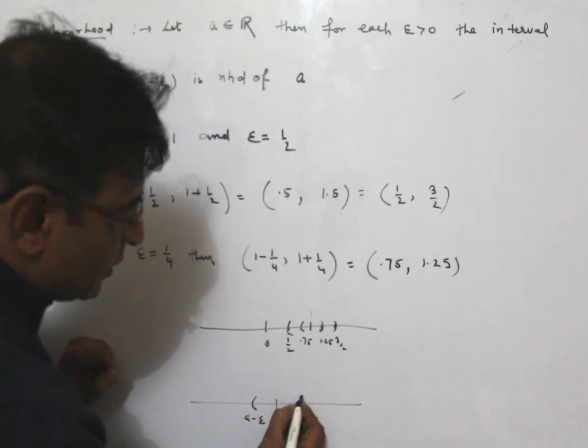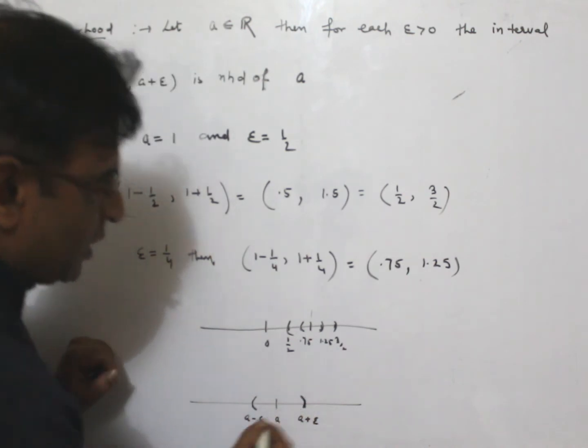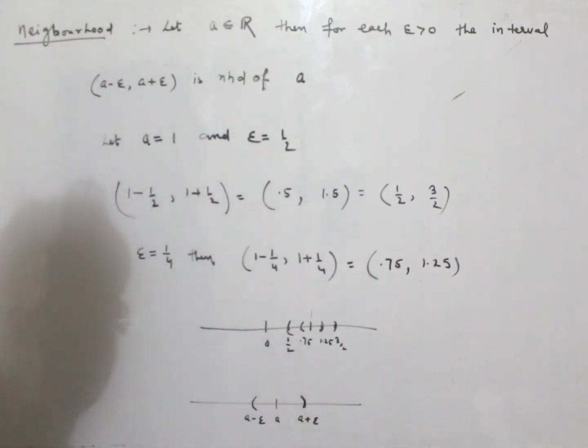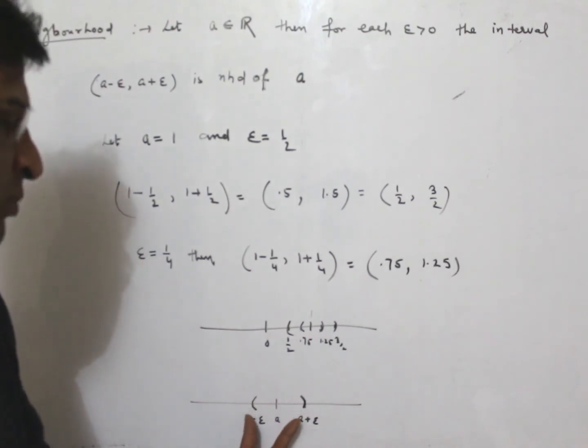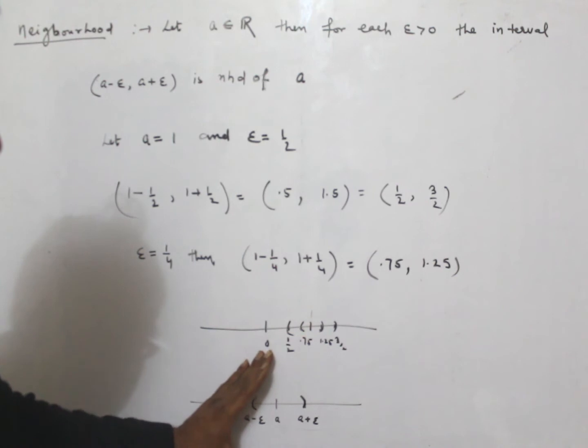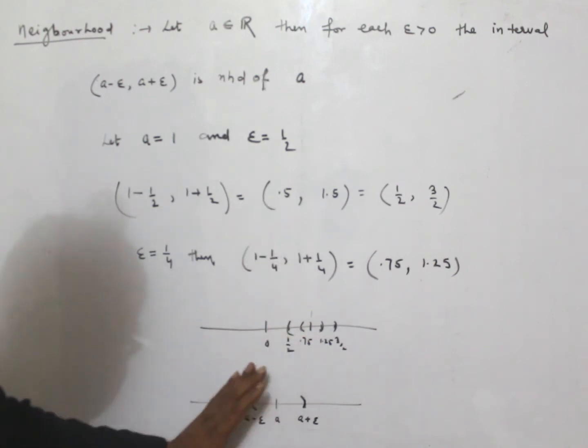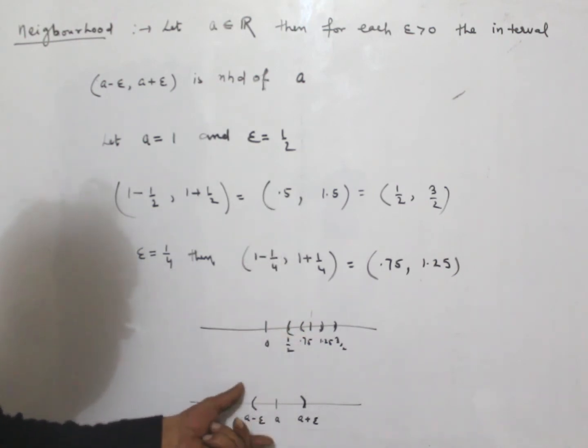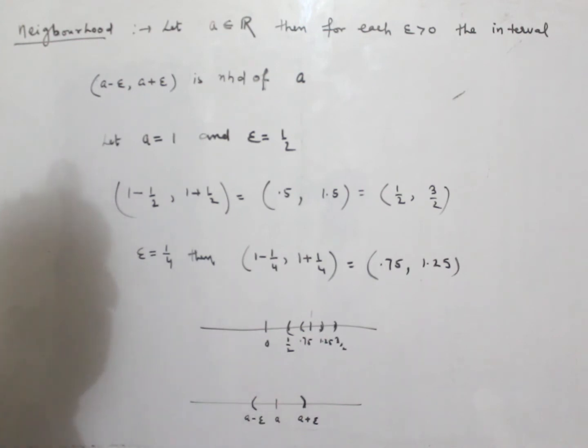That means this is the total length of the neighborhood of A. So as epsilon changes, this neighborhood also varies, it can be enlarged or reduced.